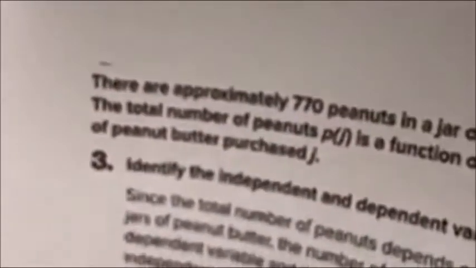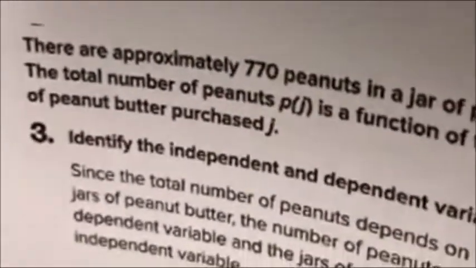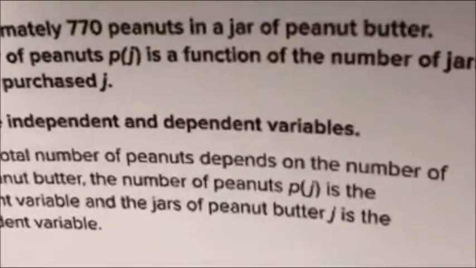On 85, you're going to glue in the one that says functions. On page 86, you're going to glue in the one that has number 3 at the top: identify the independent and dependent variables.